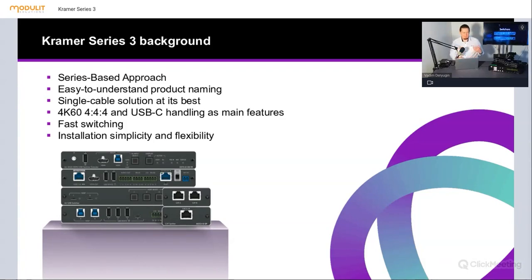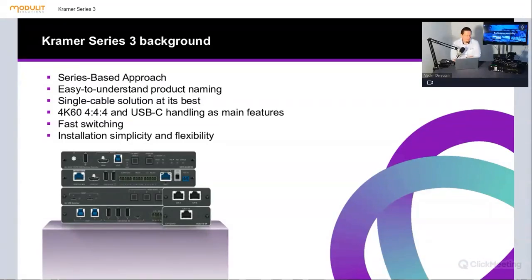If you are using a matrix, or a switcher, or an extender, you must be able to fairly quickly choose the equipment from the catalog. So EXT stands for extender, MTX stands for matrices, and so on. It's easy to understand product naming. I already explained here how it reads and which letter stands for what. So that's clear.